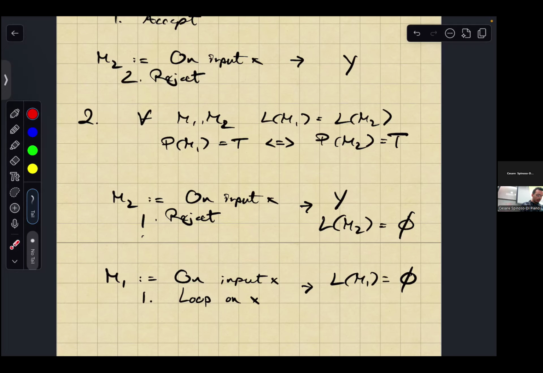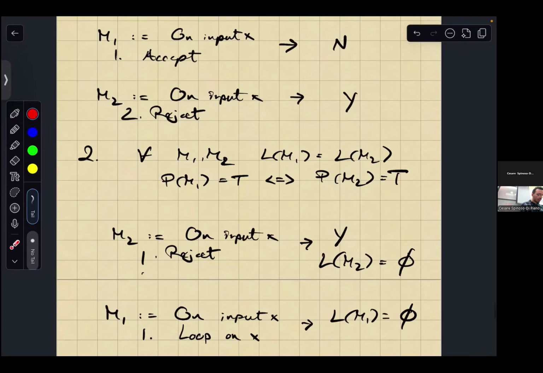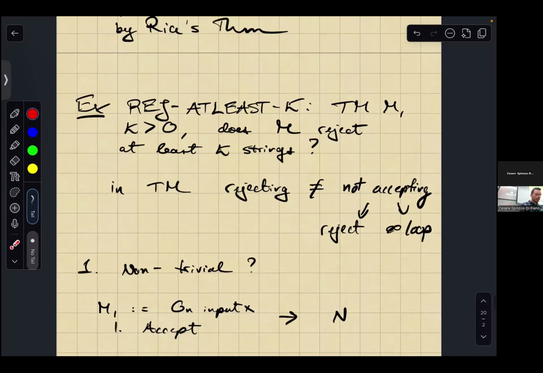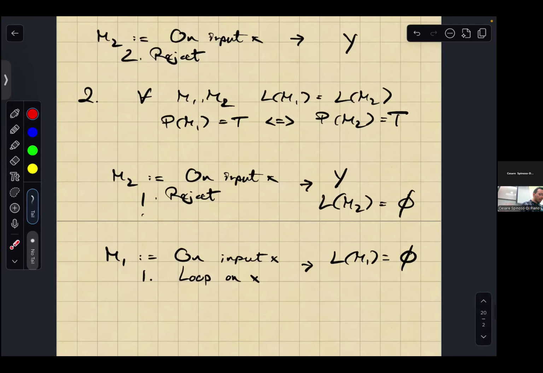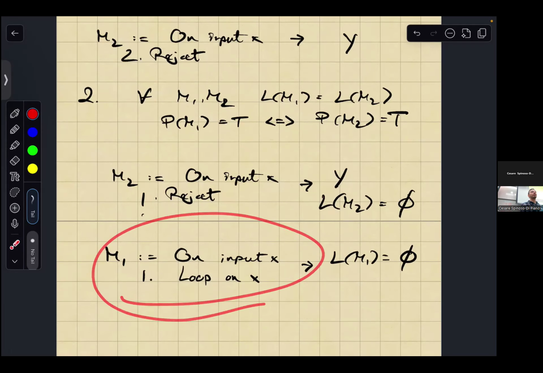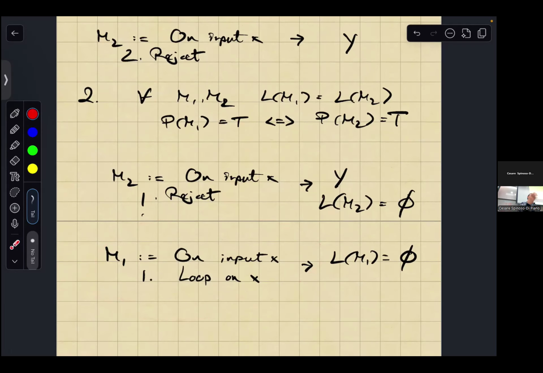But does M1 satisfy the property? Well, let's see. What does the property say? It says, does M reject at least K strings, where K has to be at least one? Well, no, right? Because M1 loops on every string. Looping is not the same as rejecting. Looping is you're looping forever. Rejecting is you've stopped looping and you've told the person, no, I don't want this, right? Looping is you're always thinking about it, okay?